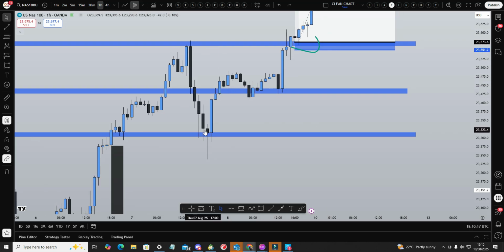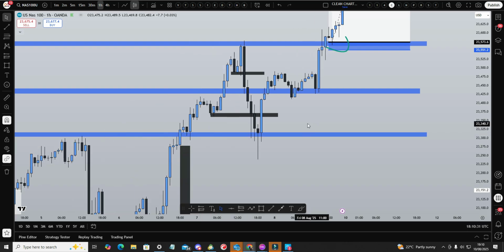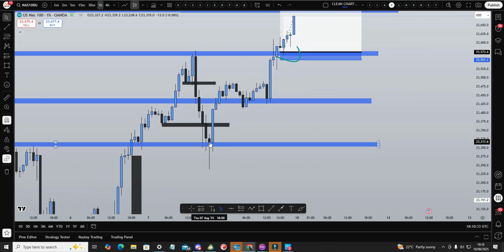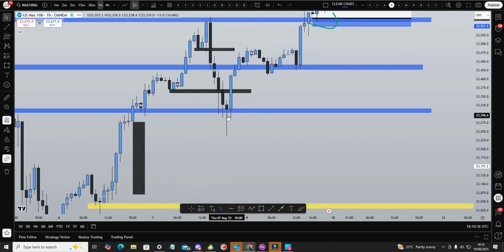Price comes down here. Don't get me wrong, we've just broken through some levels, but again, that does not mean I want to start focusing on sells. It would be very, very stupid for me to do so. Price breaks through these, and look at this huge long wick rejection. It's a bearish candle, but still, it is a rejection.